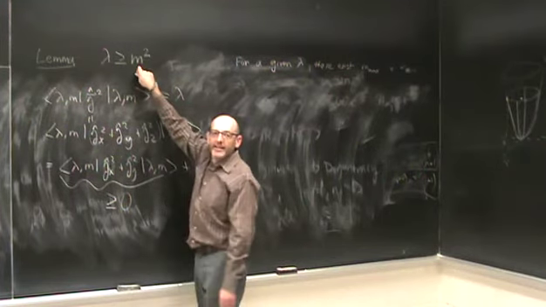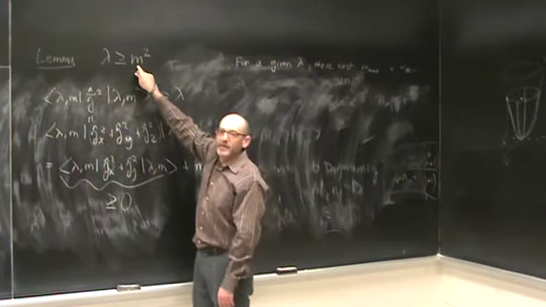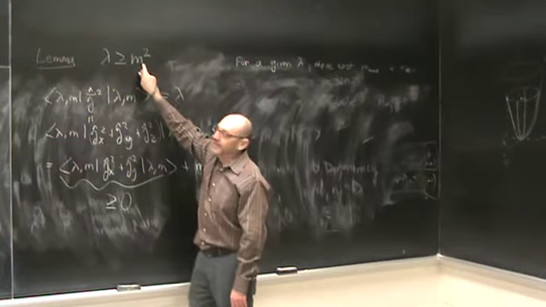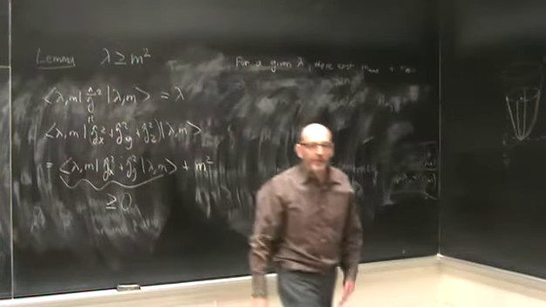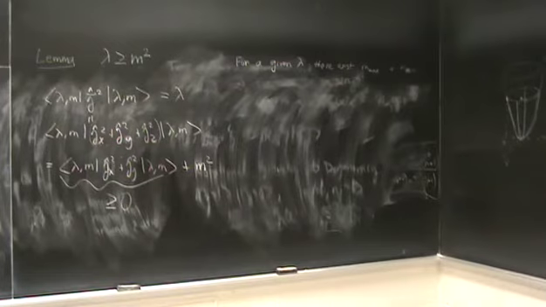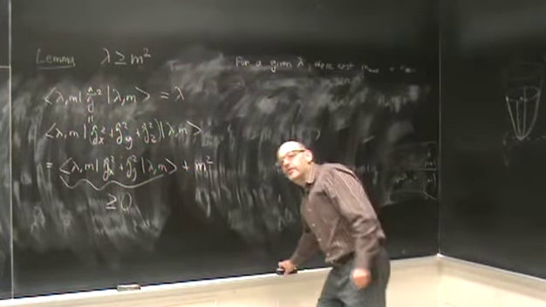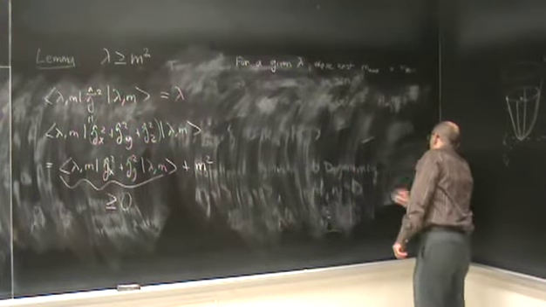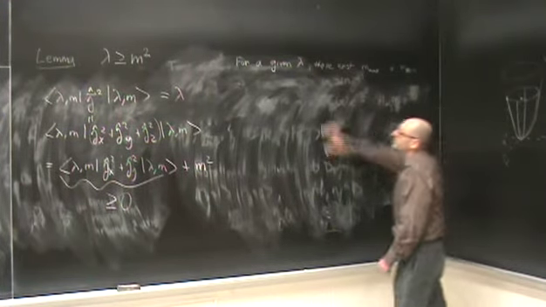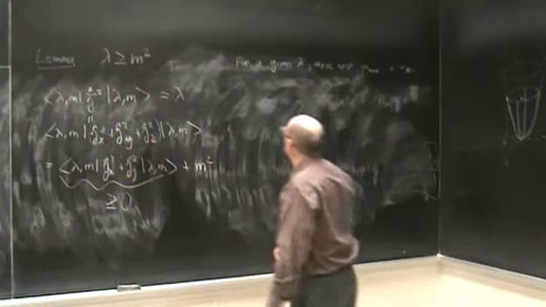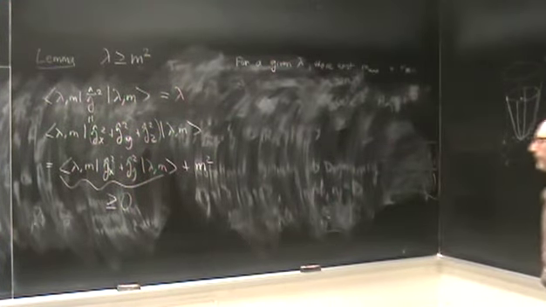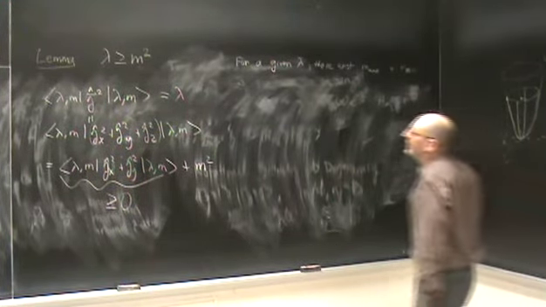And it can't be too negative, because if it gets too negative, then when you square it, it also gets bigger than lambda. So for a given lambda, there's a maximum and minimum value of the m eigenvalue of jz. All right, next step.